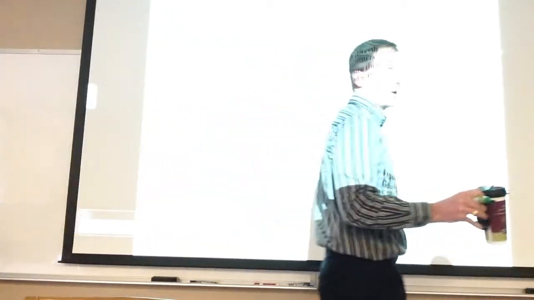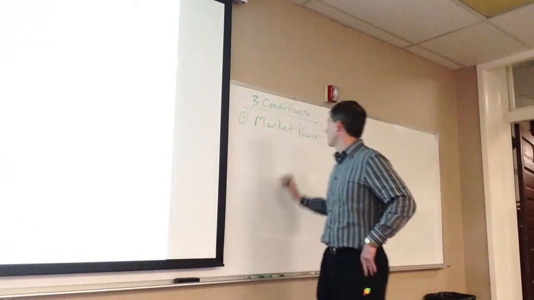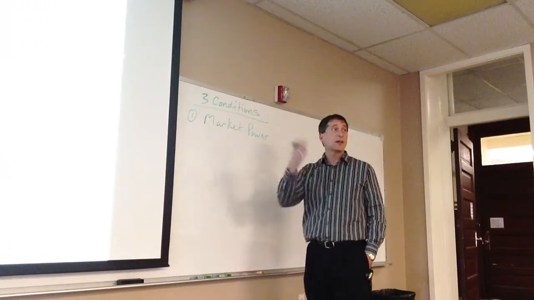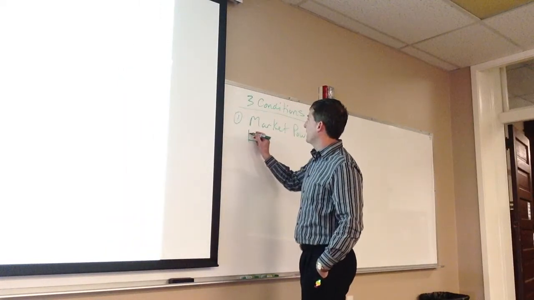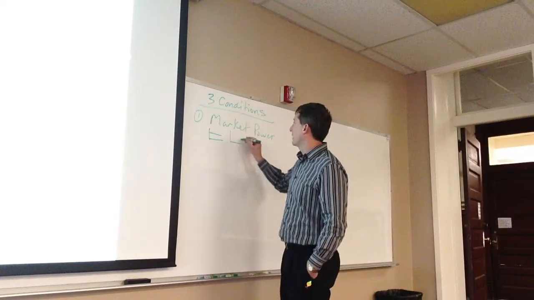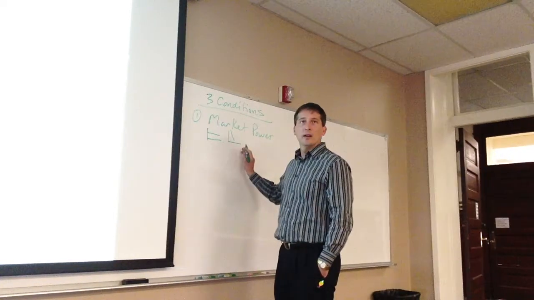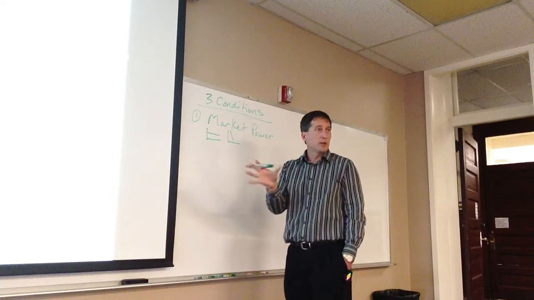The demand is downward sloping, right? So the firm faces a downward sloping demand curve is what market power means. You have some pricing power. So that could mean it's very flat, very elastic. It could be that it's very steep. It doesn't necessarily imply that you have a monopoly, that you're the only firm, but you have market power.